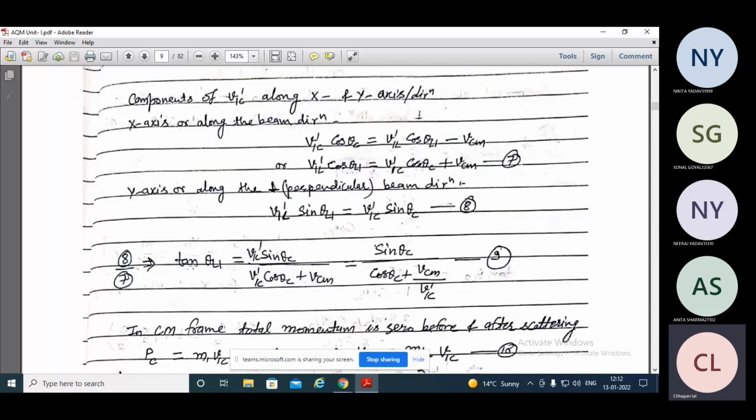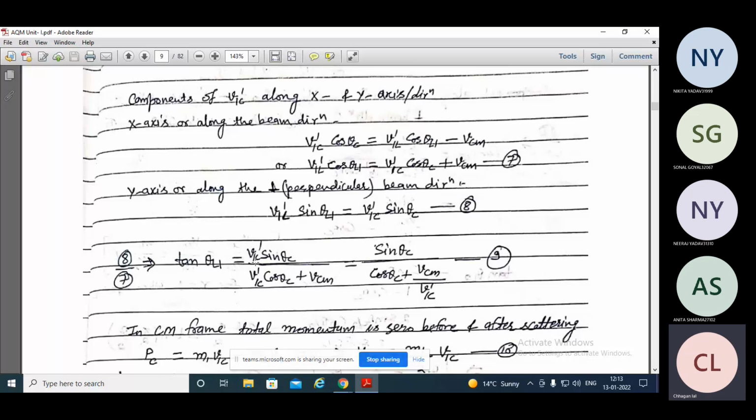Yesterday we calculated tan theta 1. Today we are calculating tan theta L1 for the M1 particle, the scattering angle in terms of tangent. So it equals V1C prime sin theta C over V1C prime cos theta C plus VCM. That means we are dividing equation number 8 by equation number 7, so that's why we have these kinds of terms.